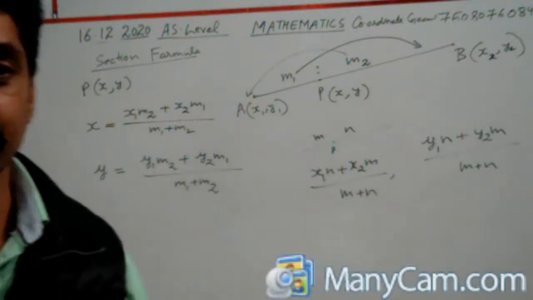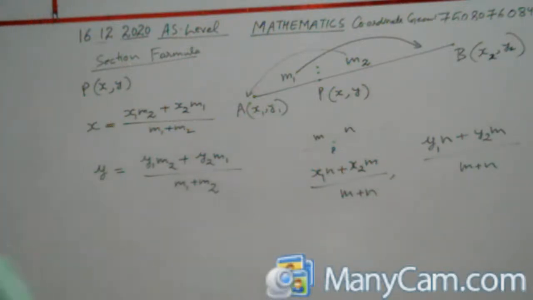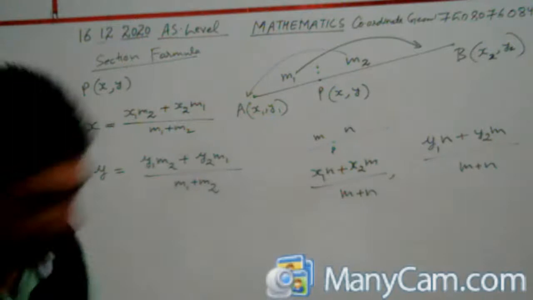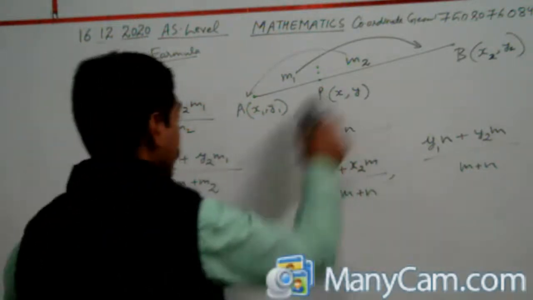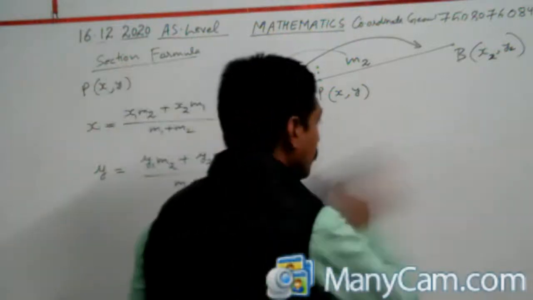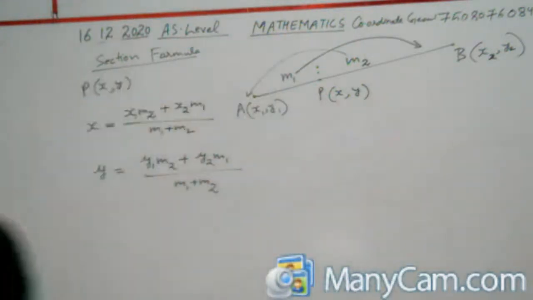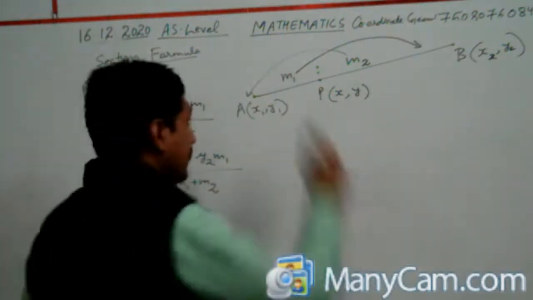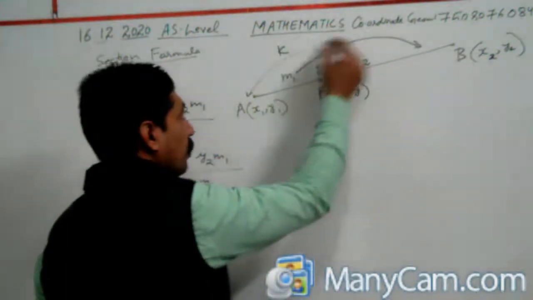Sometimes we take the ratio k to 1. Then the formula will be the same, like one part is k and the other is 1.